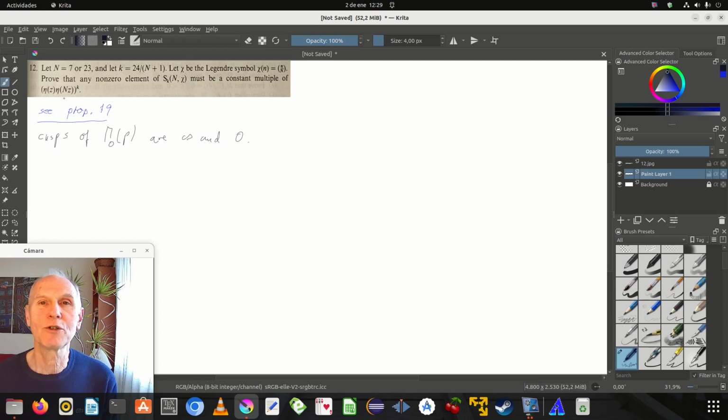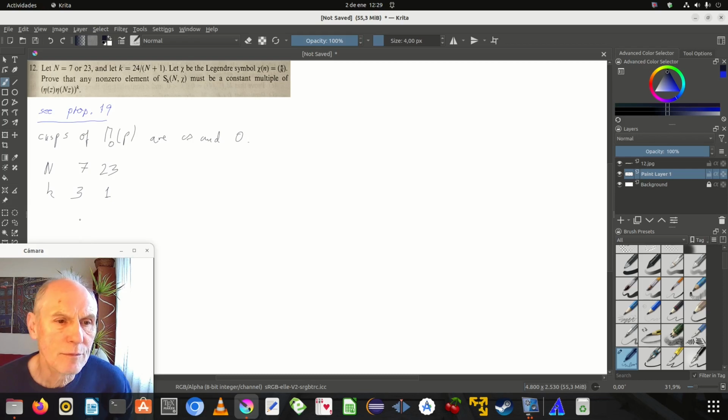I'm not sure I was aware of that when I read it the first time. But let's check what the values of k are here. (24 divided by 8). So you see they are odd.